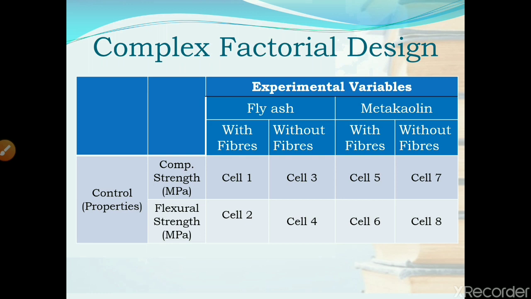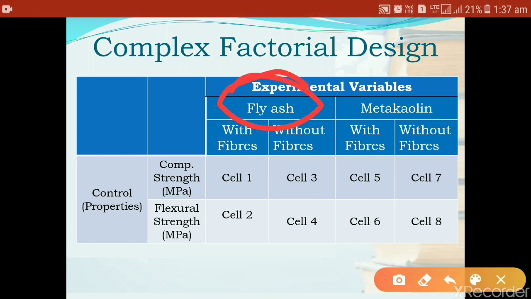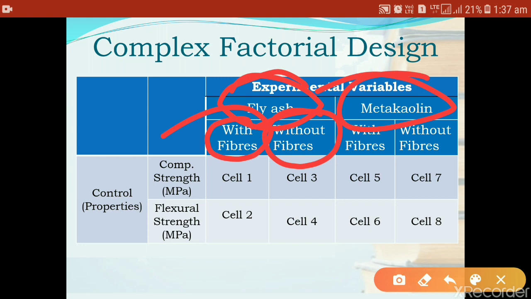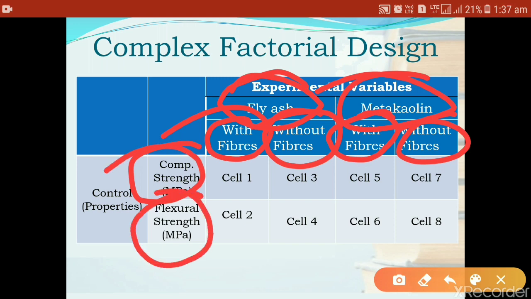Now, for example, my experimental variables were, first, I was considering the fly ash and methacholine. But again, in fly ash samples, I have 2 types of samples. One is with fibers and second is without fibers. Similarly, in methacholine, I am having 2 types of treatments, that is with fibers and without fibers. And for all those samples, I want to know the compressive strength and flexural strength.